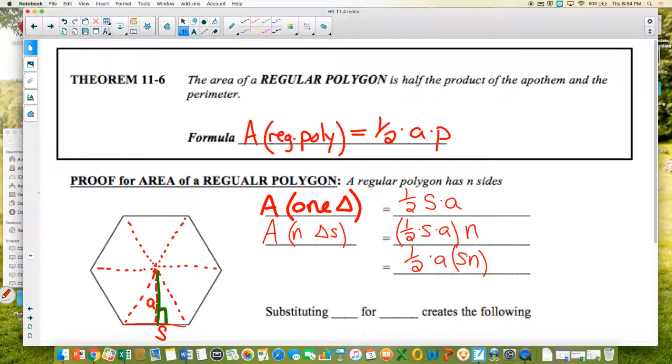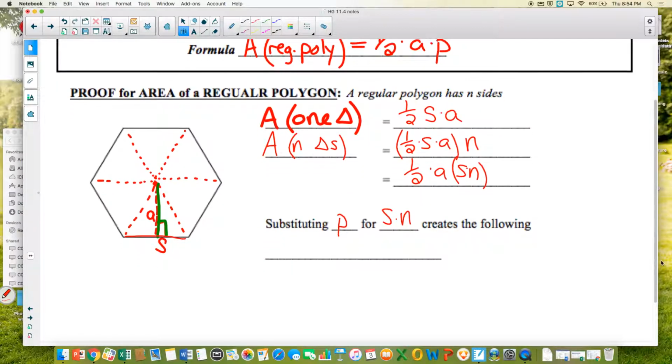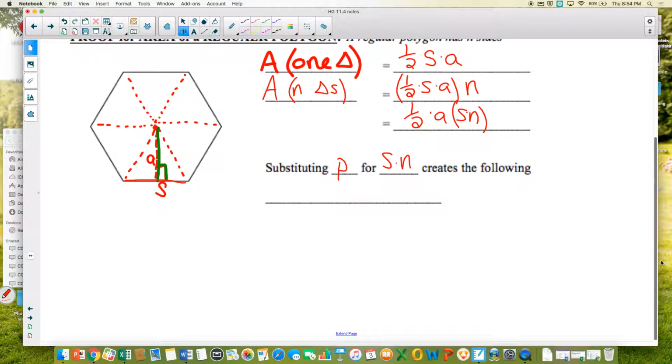And if we took one side length, which is S, times the number of sides, it's going to be perimeter. So we substitute P in for S times n. And this would create area of a regular polygon is equal to 1/2 times apothem times perimeter.